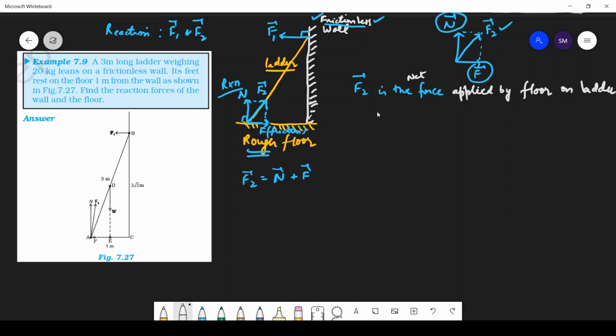F2 is the net force exerted by the floor on the bottom of the ladder. Okay, is this clear now? Yes, sir. Or you can further say that N and F are forces applied by the floor on the bottom of the ladder.